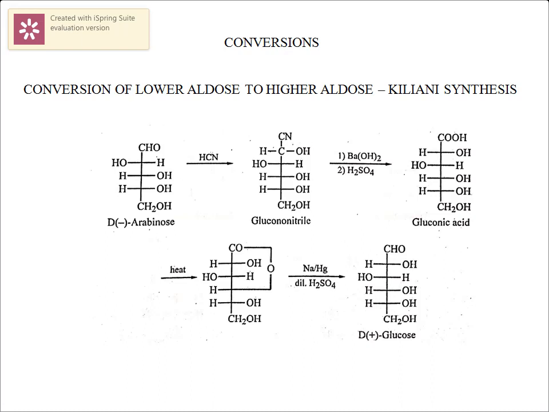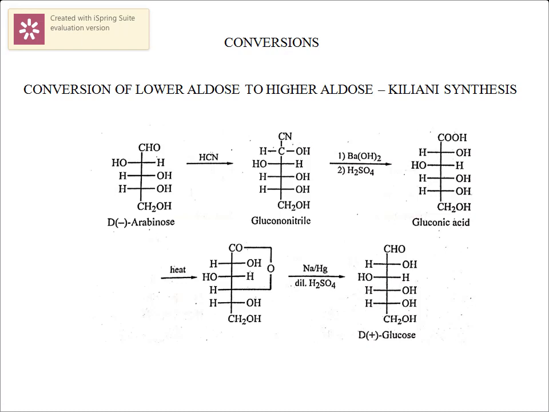and then on hydrolysis of the cyano group, what do you get? You get a COOH group, a carboxy group. So the cyano group is converted to a COOH group. And when this compound is heated, a cyclic ester is formed, that is a lactone. This lactone, on reduction with sodium amalgam, gives a CHO group on the top and the OH group back.